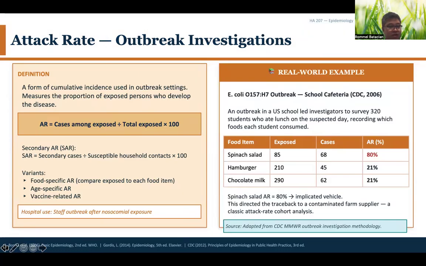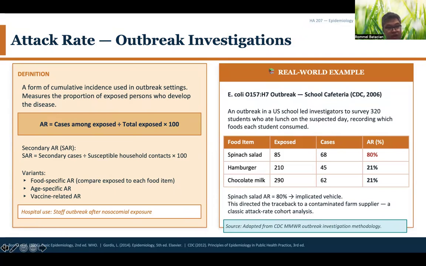Sorry for that. The next concept would be the attack rate. It is a specialized form of incidence and used specifically in outbreak investigations. When there is a sudden cluster of cases, for example, food poisoning at a school cafeteria or a nosocomial outbreak in the wards, this is the tool that epidemiologists use.